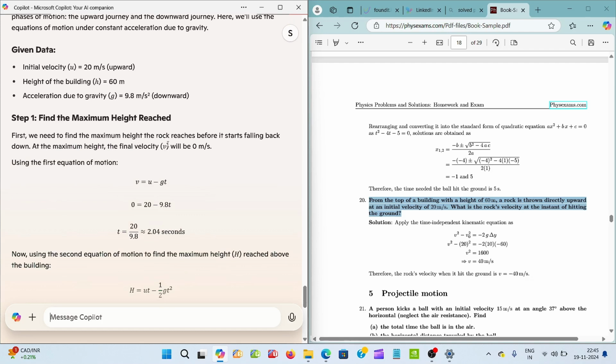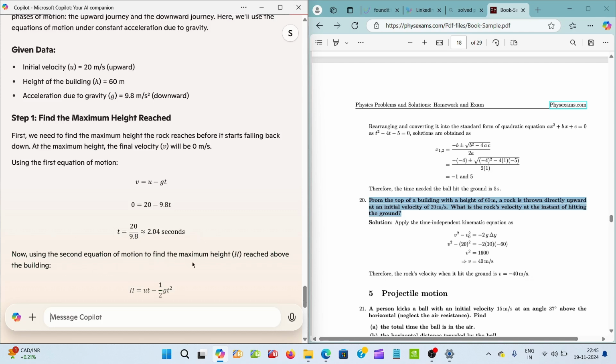The final velocity v is taken as 0 because when it reaches the top of the upward travel, the velocity comes down to 0 and then it starts a downward fall. Initial velocity is 20, g is the gravitational acceleration, and t we have to find. So t is approximately 2.04 seconds.